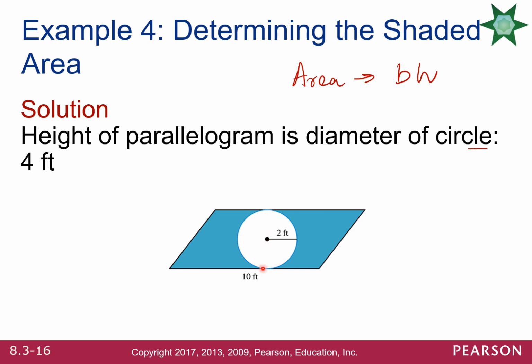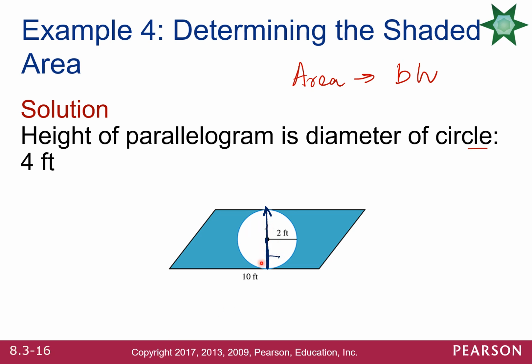So if we draw a line from the base, perpendicular meaning at a right angle to the base, and extend the line all the way up to the opposite side, then that's also the diameter of the circle.